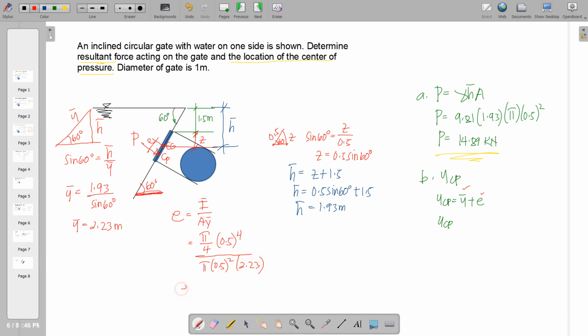So therefore, E will be equal to 0.03 meters. So therefore, we can just substitute what we have computed, 2.23 plus 0.03, we have YCP will be equal to 2.26 meters. So this is actually the location of the center of pressure of this circular gate, 1 meter in diameter. So that's it for this problem.